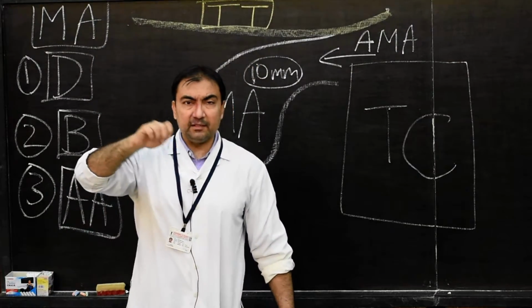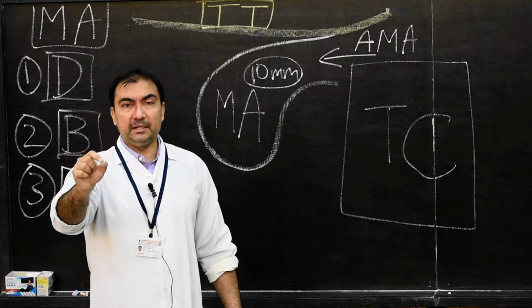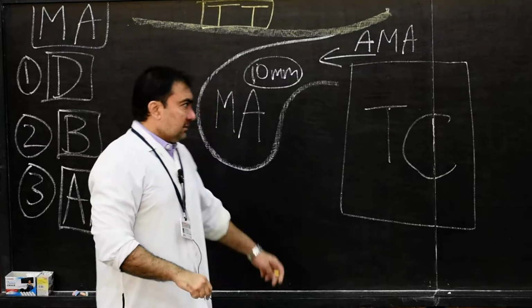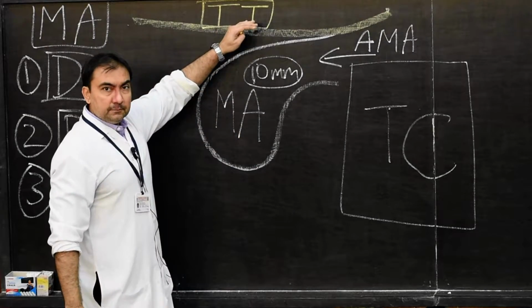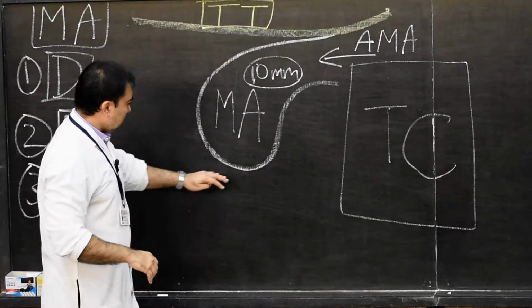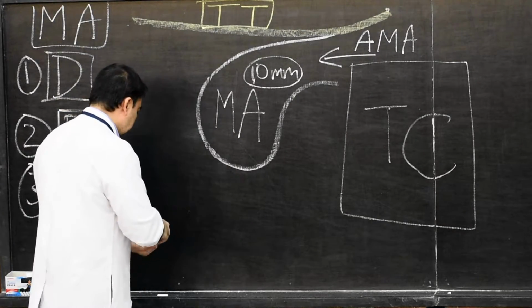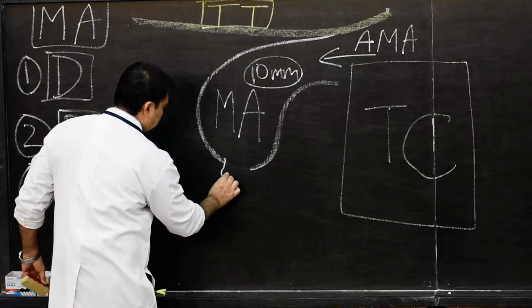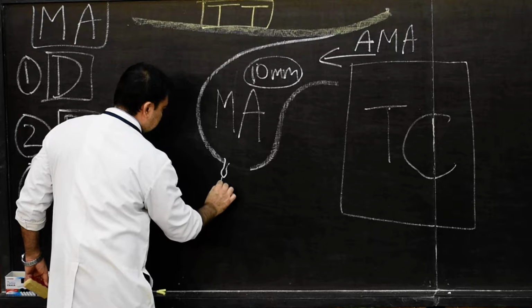Above the tegmen tympani there will be middle cranial fossa, in which there will be temporal lobe of brain. These are the relations of roof. Then we come down to floor. Floor portion will contain very small intercommunicating spaces.